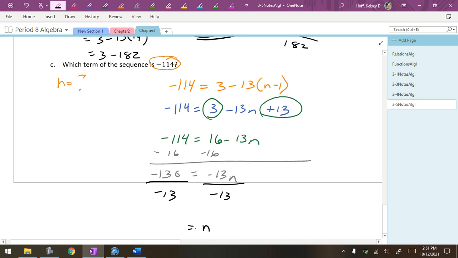What'd you get? I got 10. Yes? Check your work. I got 10. Not saying I'm not wrong. I think I'm correct. As I walk around, some of you lost your negative on your 13.